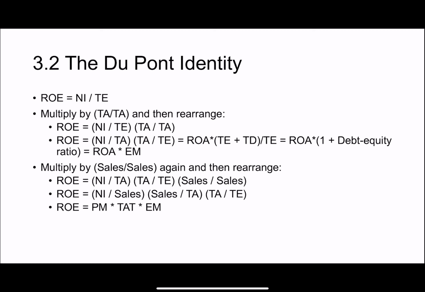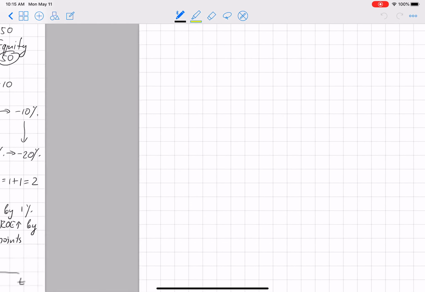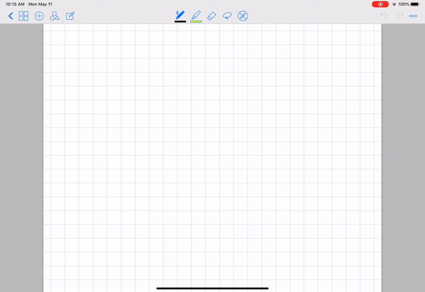Now, what we can also do is combine these two factorizations. Just to remind you, ROA is equal to profit margin times asset turnover, and ROE is equal to ROA times equity multiplier.